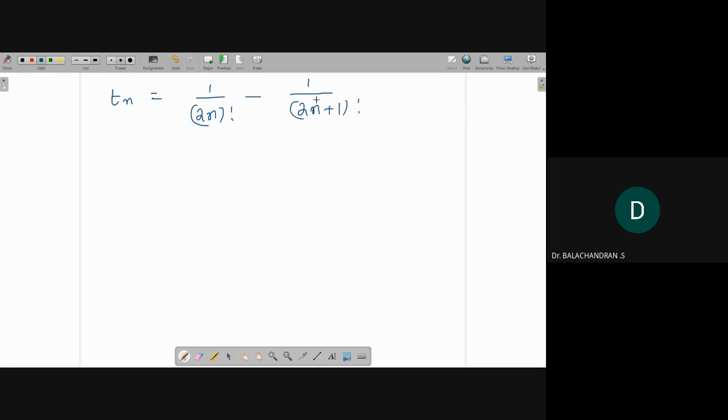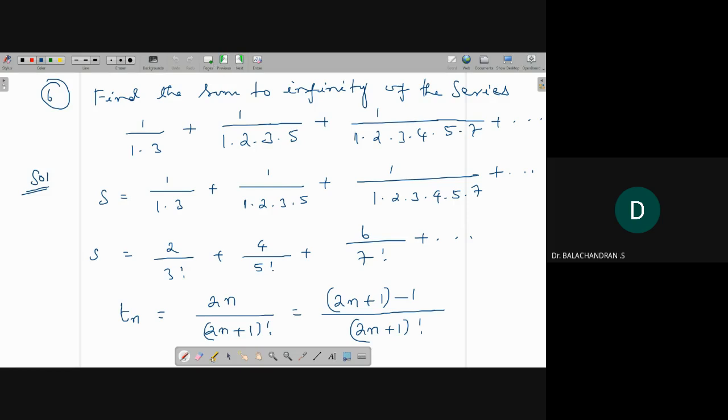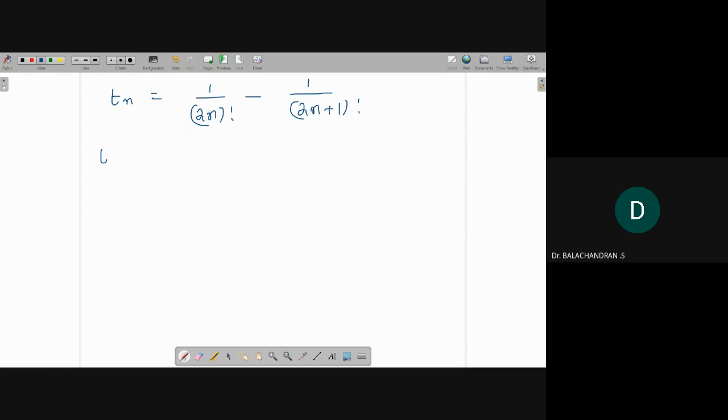Now n is starting from where? If I substitute n equal to 1, I get the first term. So n is starting from 1. So T1 is what? 1 by 2 factorial minus 1 by 2 plus 1, 3 factorial.